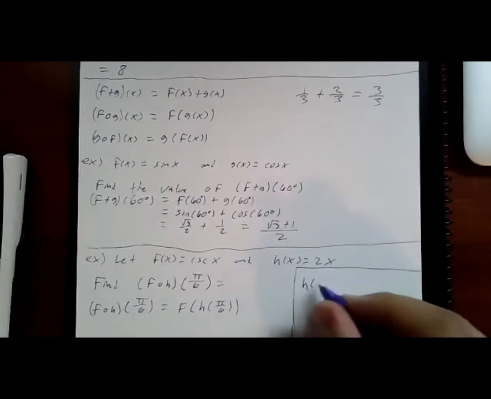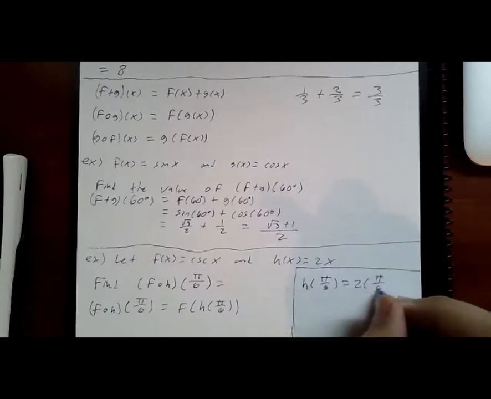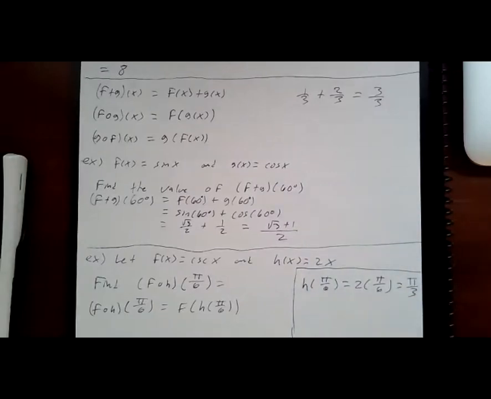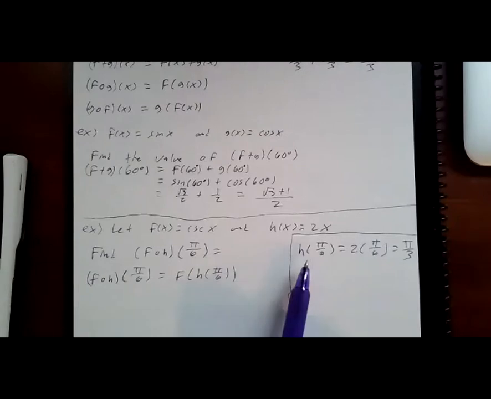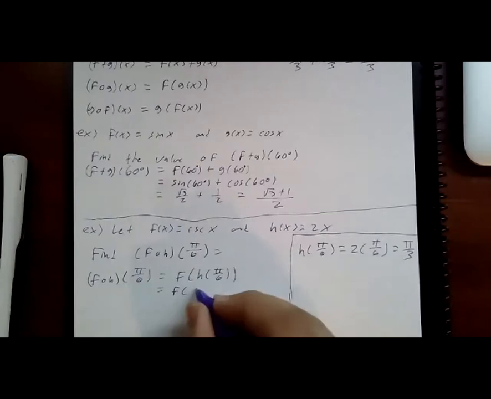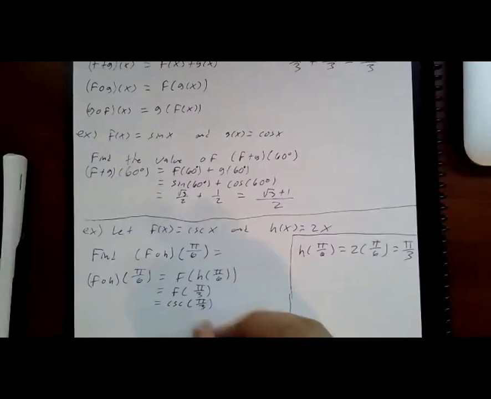So h of pi over 6 would be the same as saying 2 times pi over 6, which would give us pi over 3. Right? So this value is going to go in here because that's what this is equal to. So we can just use f of pi over 3 instead. But f is just cosecant. So cosecant at pi over 3 is what we really want.